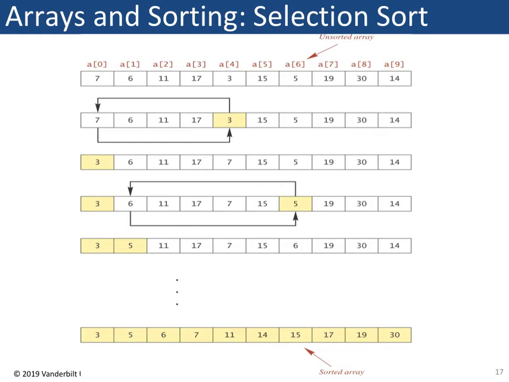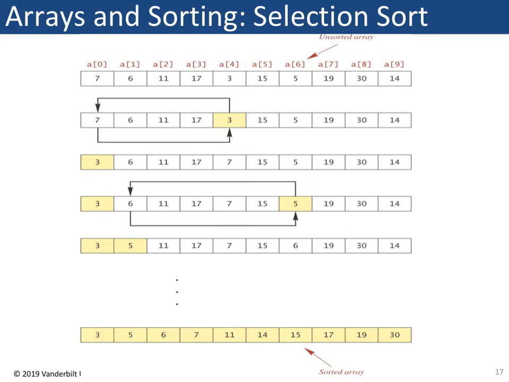First of all, we have an unsorted array. We know the general process. We're going to do a pass down this array looking for the smallest value. When we find the smallest value, we're going to swap that value for the value in element 0.